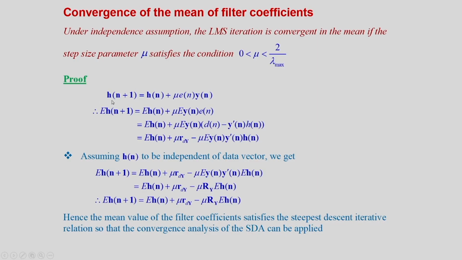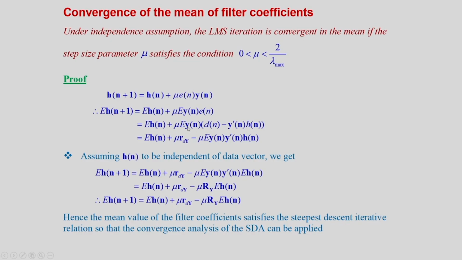We will prove this. h(n+1) is equal to h(n) plus mu times e(n) into y(n). Therefore, the expected value E of h(n+1) is equal to E of h(n) plus mu times the expected value of y(n) into e(n). That is equal to E of h(n) plus mu times E of y(n) into the error, which is d(n) minus y transpose(n) into h(n).